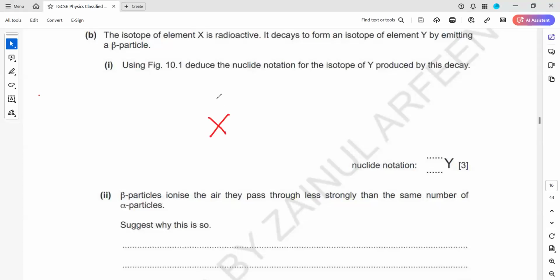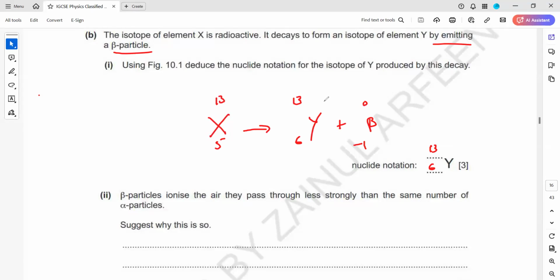So X has 13 nucleon number and 5 protons. It emits, they mentioned it is emitting beta. Beta is 0 and -1. What will happen to the nucleon number when it emits? It stays 13. And what happened to proton number? 5, 6, it increases by 1. So this will become 6. So this will be 13 and 6.